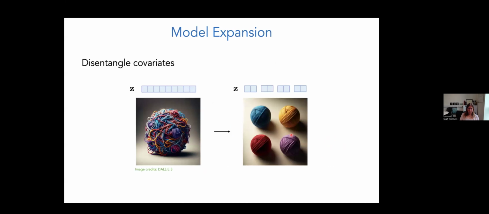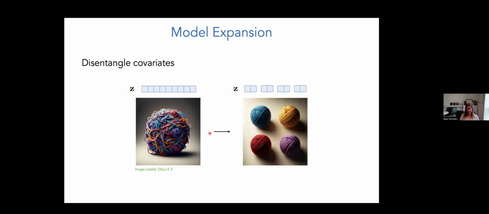So the benefit of DGD is that not only does it model these multiple modalities, but we can also improve the deep generative decoder itself by modeling multiple covariates and disentangling them.